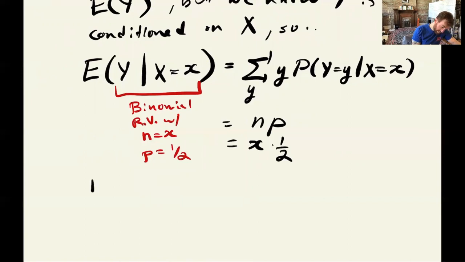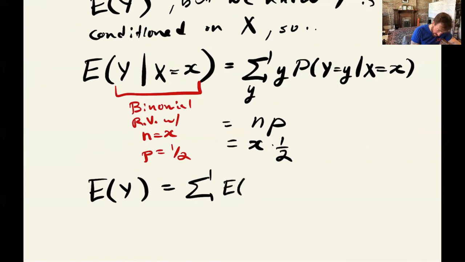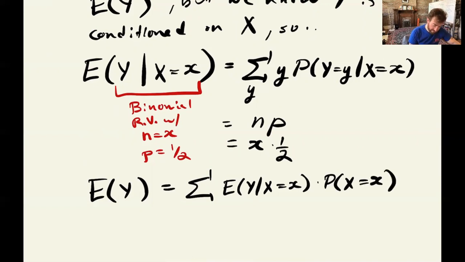So the expectation of y can now be identified as the sum over the expectation of y given that x equals little x times the probability that x equals little x, because this really is just a function of the random variable x.